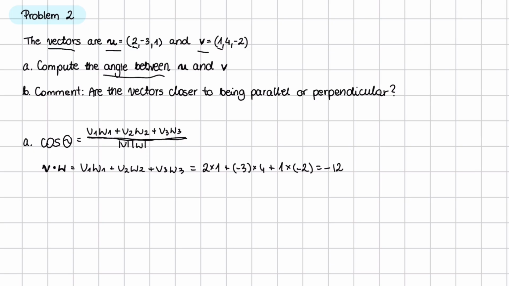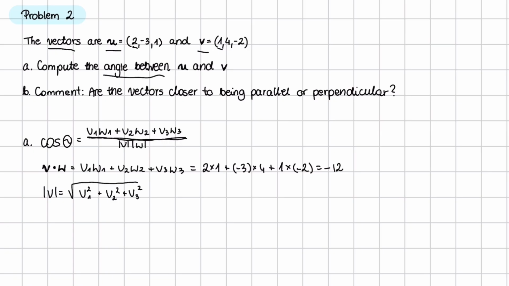Now we have to calculate what we have in the denominator, and it looks like an absolute value. However, this is the magnitude of a vector, and you also have it in your booklet. The formula is called magnitude of a vector, and it looks like this. It's calculated very similarly to the distance.